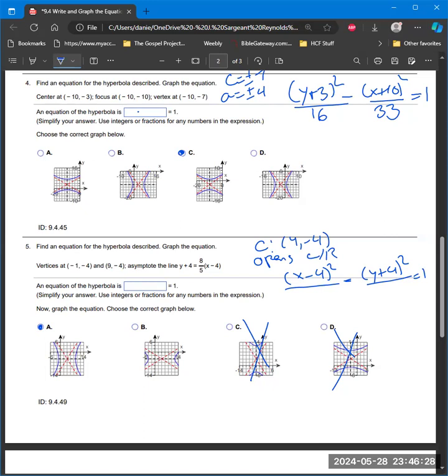This was 25 for the part with my x, which was 5. 5 squared is 25. The part with my y was 8. 8 squared is 64. Like that. And if you want to graph that, check it out. That's what it's going to look like.